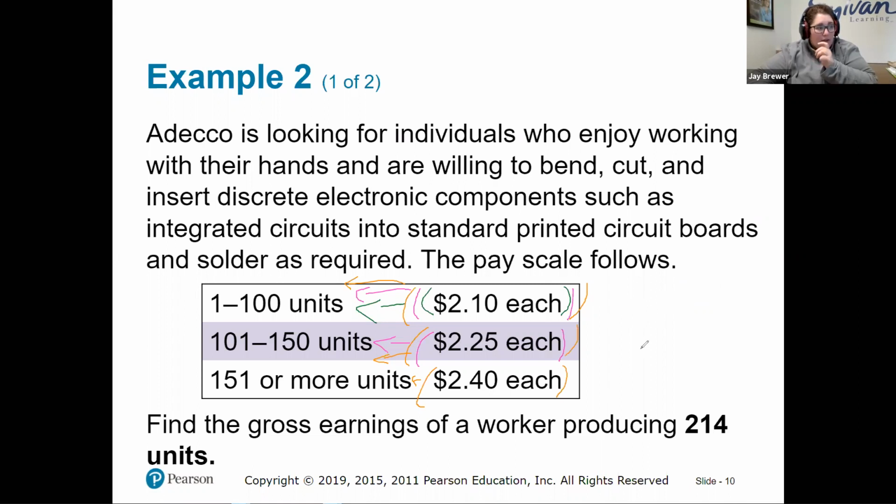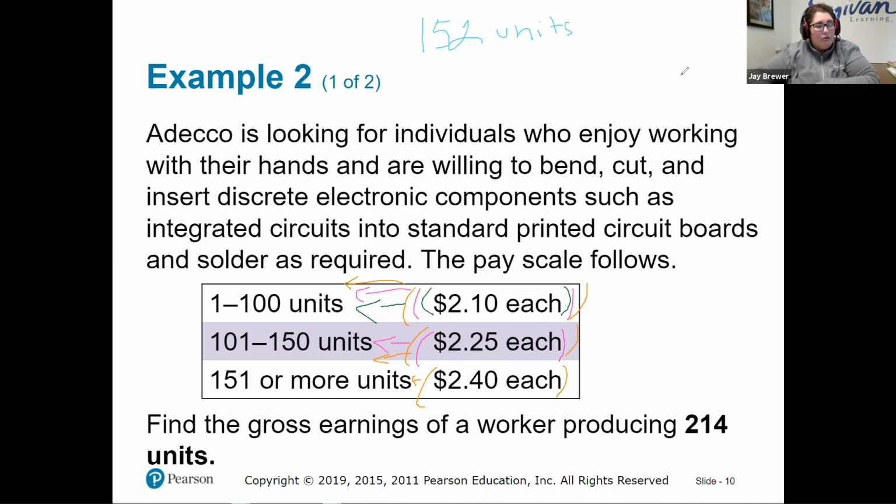Okay, so let's say we have 152 units. It's our fourth day or whatever working. We get 152 units.